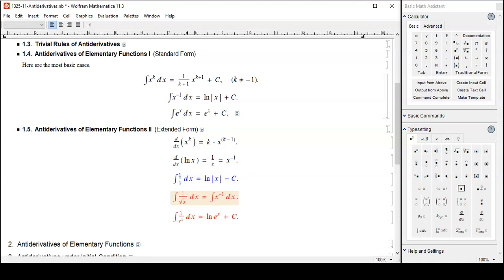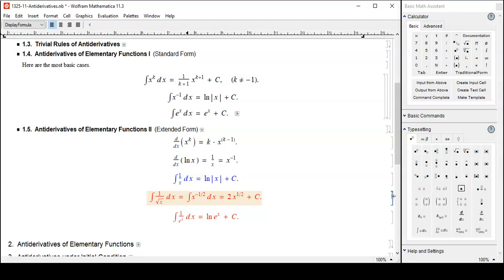X to the negative 1/2 power. And if I use this rule, what do I get? Add 1 to the power and then divide. Dividing by 1/2, so multiplying by reciprocal, but nobody writes like this.